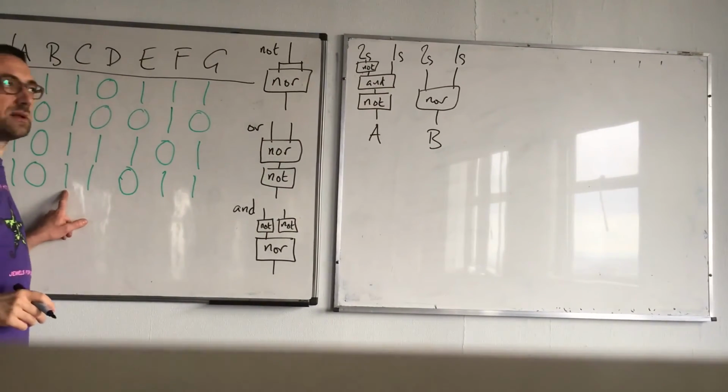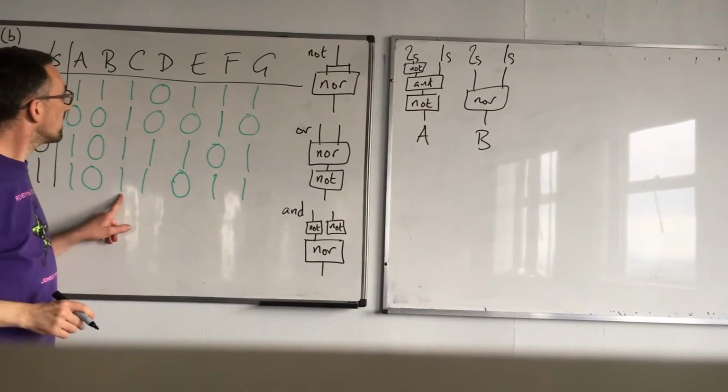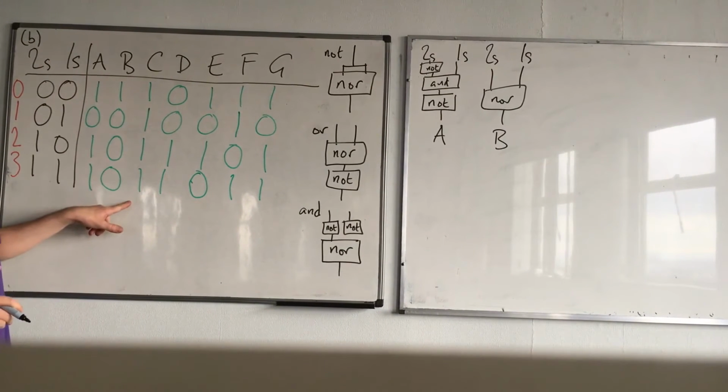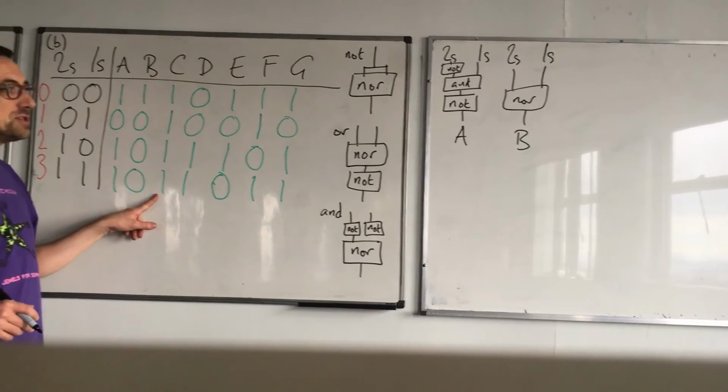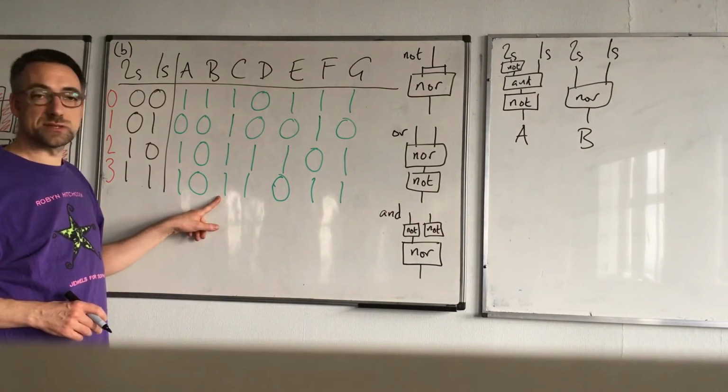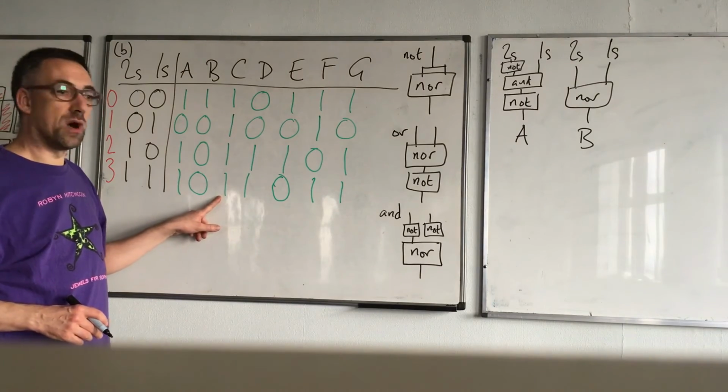Now C is a bit of a tricky one. C is always true. We have been told explicitly that we're not allowed a signal that is constantly at logic 1, so we'll have to come up with a calculation that is always at logic 1.